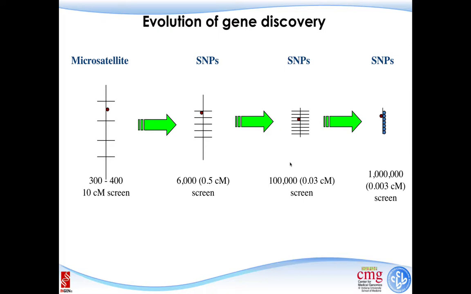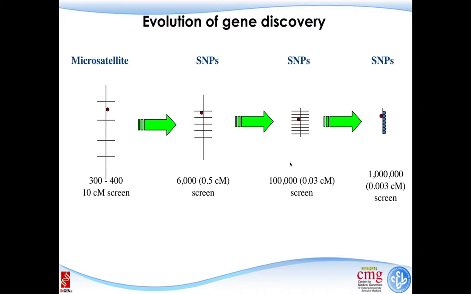Okay, so now let's talk about the genetic analysis before we had next generation sequencing. In the very early days, we're talking about the 1980s, when people did statistical genetics, the most usable genetic marker was the microsatellite, based on the length of the microsatellites.